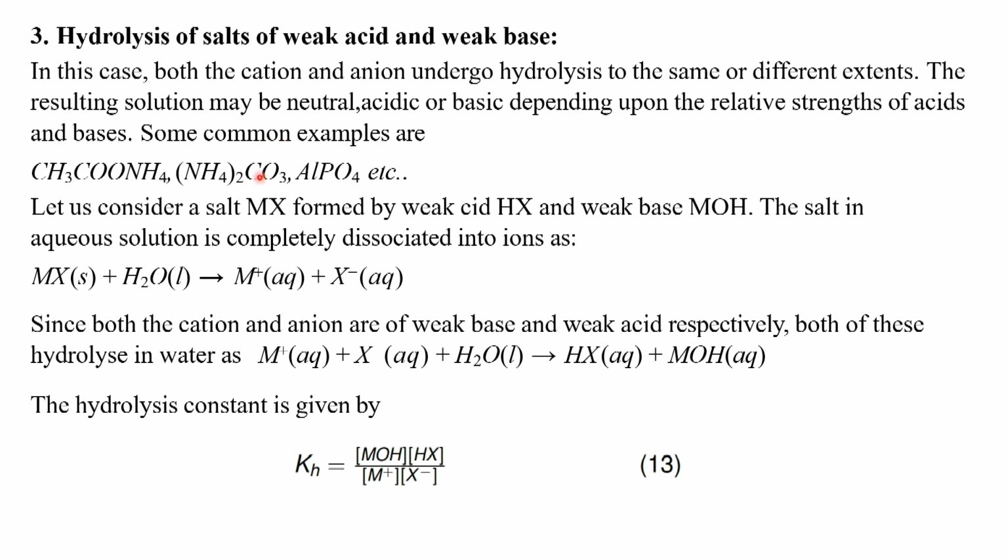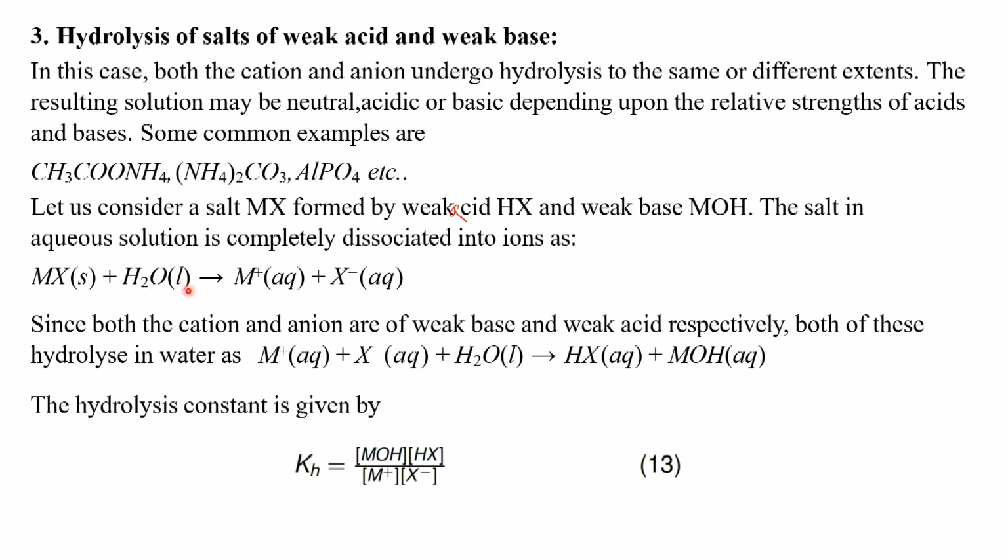Some common examples are ammonium acetate, ammonium carbonate, and aluminum phosphate, etc. Let us consider a salt MX formed by the weak acid HX and weak base MOH. The salt in aqueous solution is completely dissociated into ions. Like before, we do a similar treatment here.